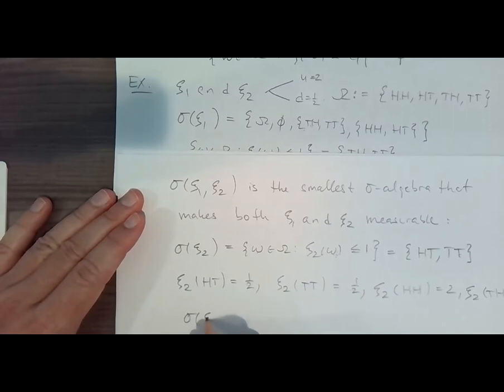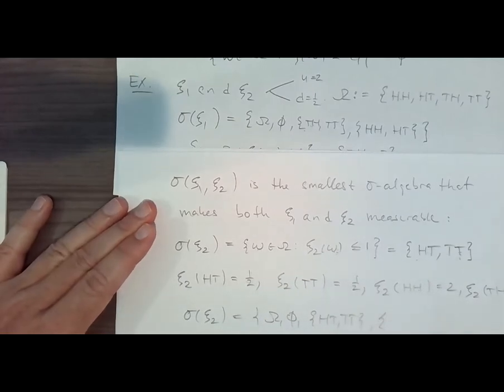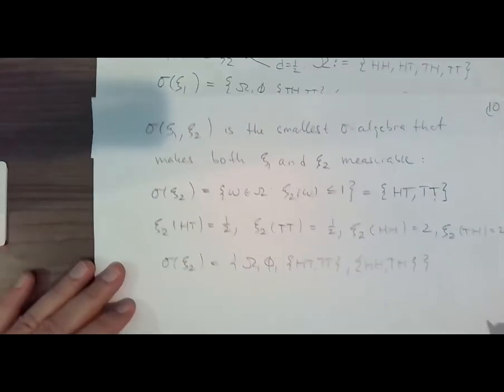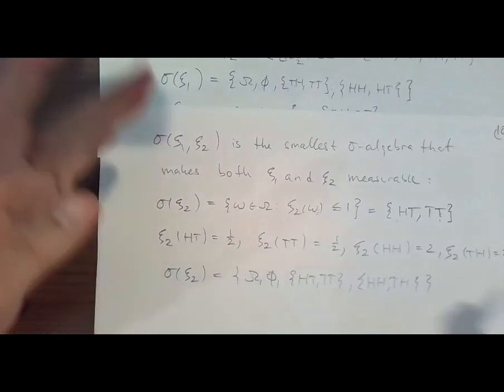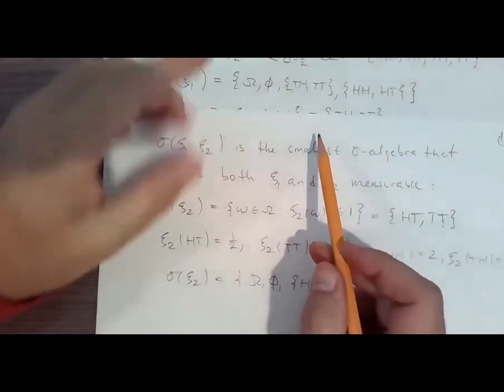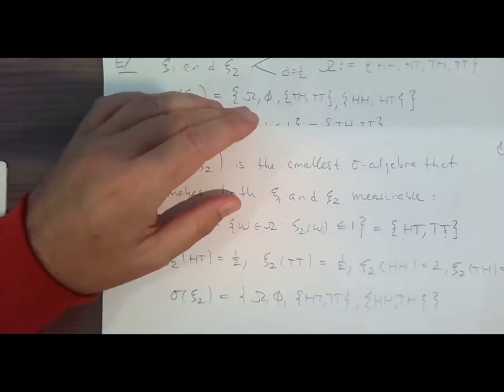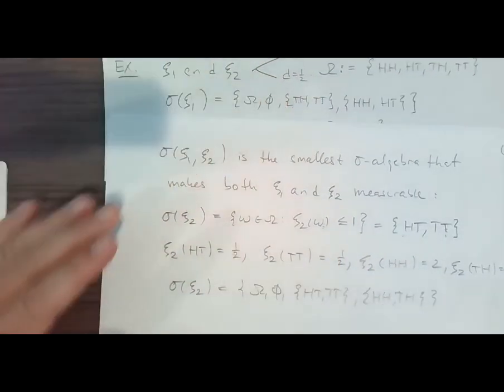So my sigma of psi2 would be omega, empty set, this guy. And then the complement would be over here. This would be HH, TH. So now what I need to do is, inside here, I'm going to find both these sets.